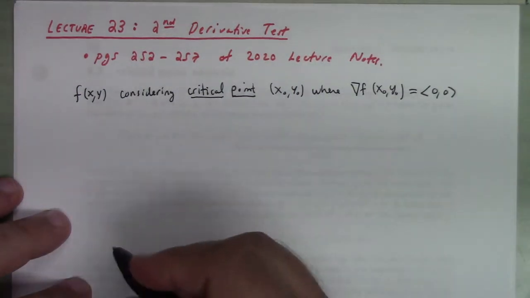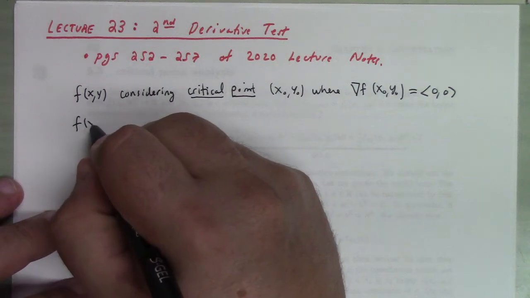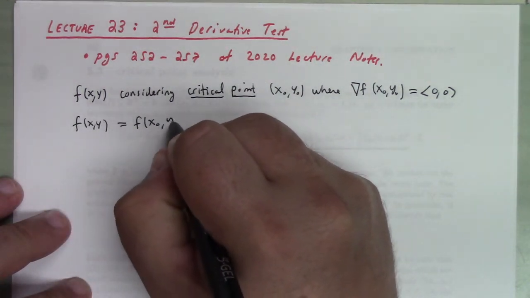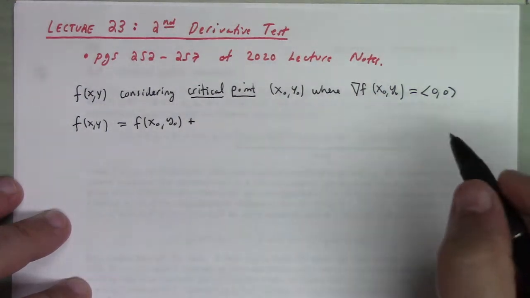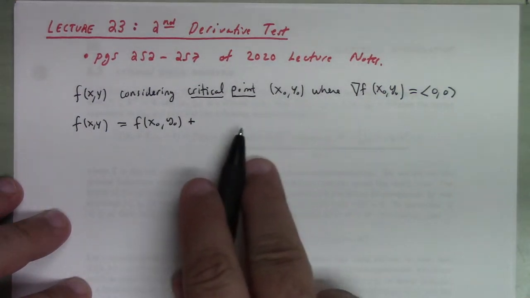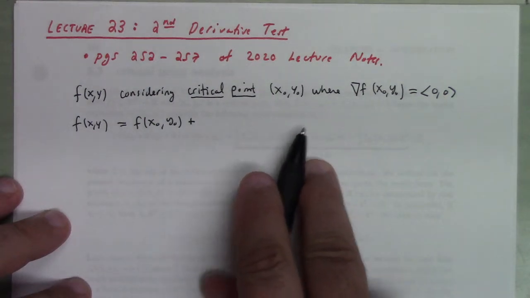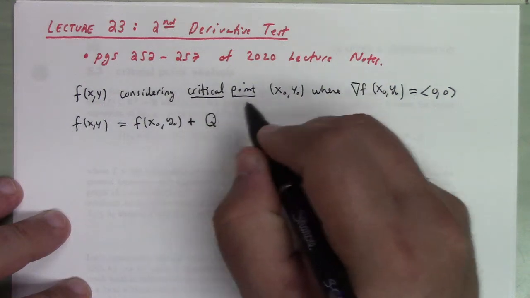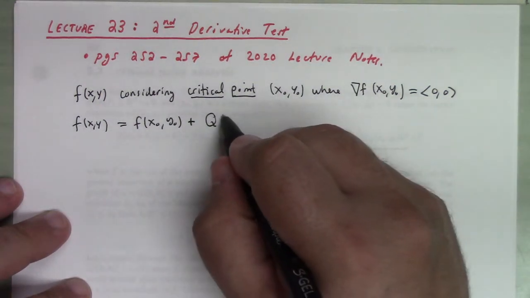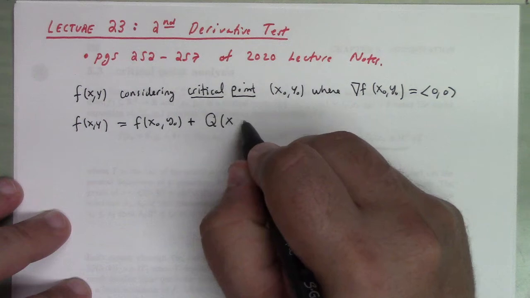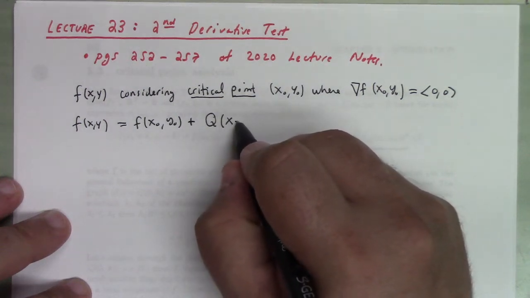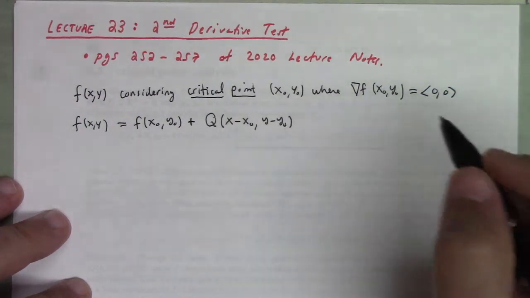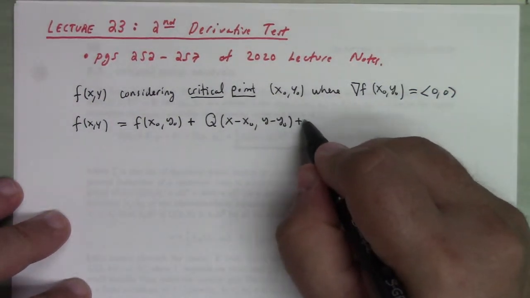So essentially what we learned is that in that context, f of x, y is equal to the function at the point, plus, well, ordinarily we'd have the first derivative terms, but those are 0. And so the next thing up is what we could call the Hessian, Q of x. I could write this x as x minus x naught, y minus y naught, and then plus higher order stuff, right?